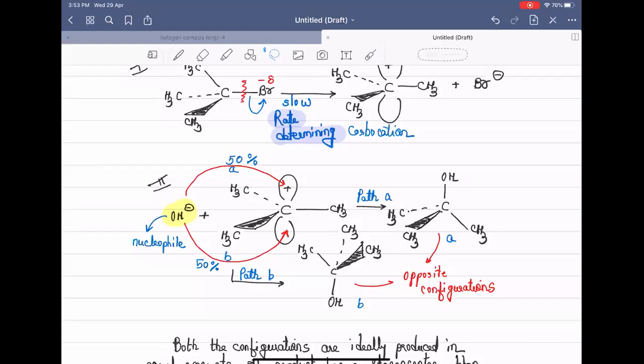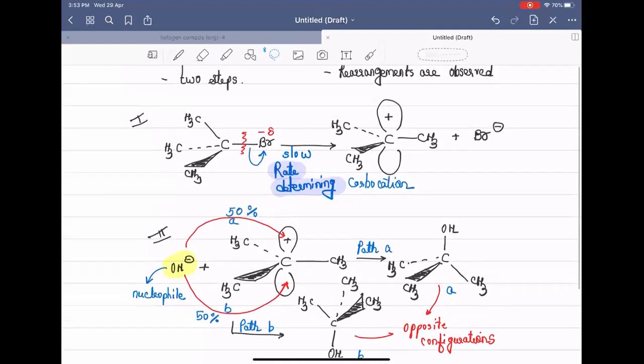However, if you are asked the same question in a competitive exam, then you have to say it is not exactly 50% inversion and 50% retention. It is inversion slightly more than retention. So you get almost 50% each, but inverted product is a few percentage more, which means slightly more inversion than the retained product. Now that should be your answer.